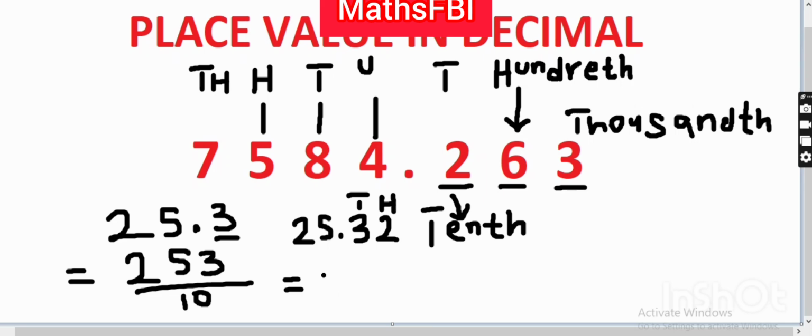So that tells me that the whole number 2532 has been divided by 100, considering this 3 and 2, which is tenths and hundredths.